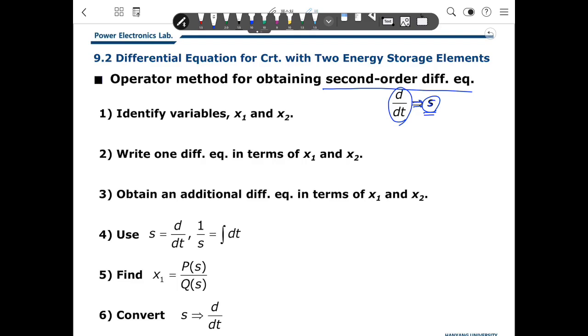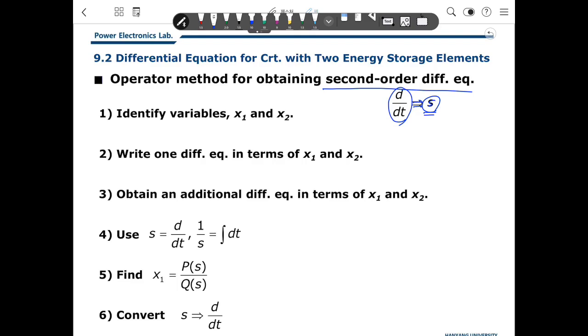We will discuss that next semester, in the second theory course. But here, at this point, we will not do that. In the operator method, we just use the symbol s to make a simple second order differential equation. Using the Laplace transformation, we will solve the second order differential equation next semester.